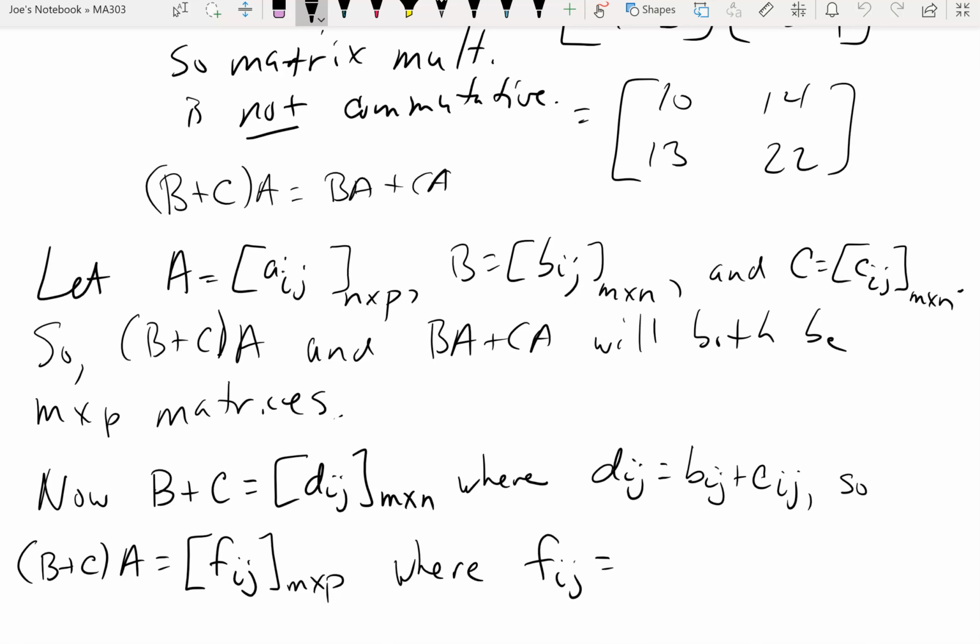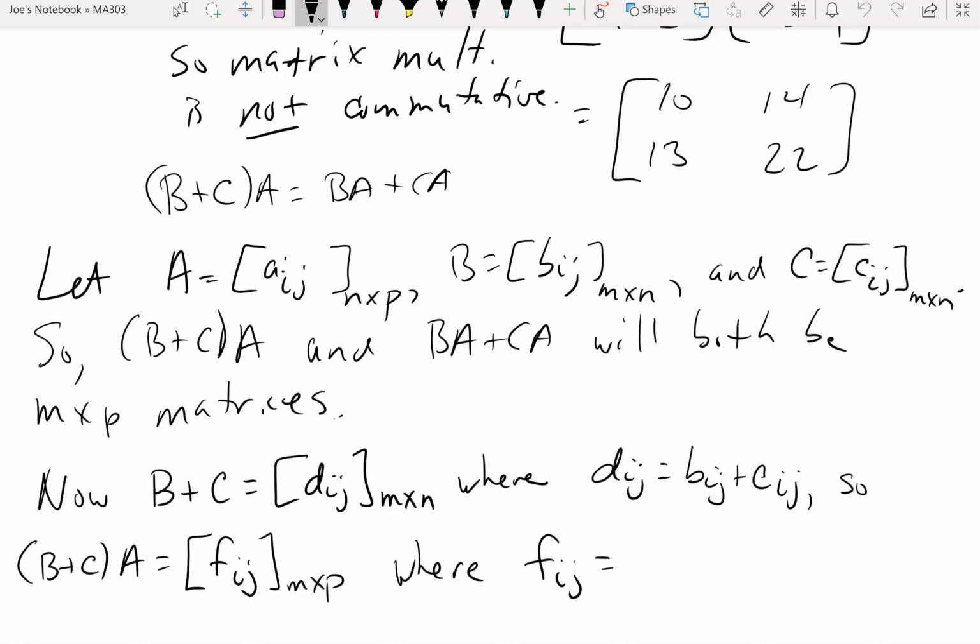Right? To get the IJ entry, we match row I to column J. That's how we get the IJ entry. We match row I to column J. Notice what changes. This I does not change, right? This J does not change. It's the pieces in the middle, right? And we're going to be changing this subscript as we go along.